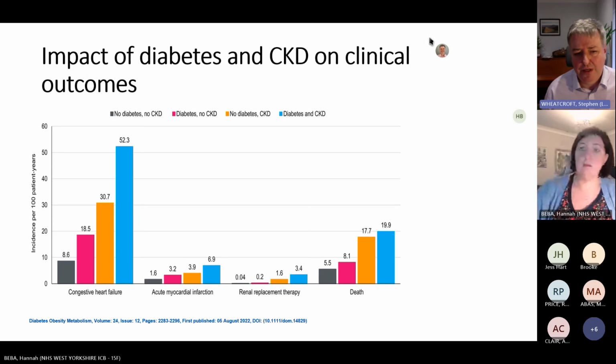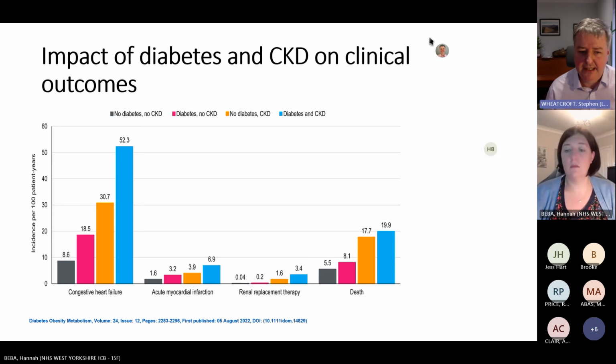And it's important to note, when we think about diabetes and CKD in particular, that patients with these conditions don't usually die from the underlying disease, but from the cardiovascular complications associated with diabetes and CKD. So this is why it's really important to tackle these patients holistically and think about their cardiovascular risk and how we can improve that. Next slide, please.